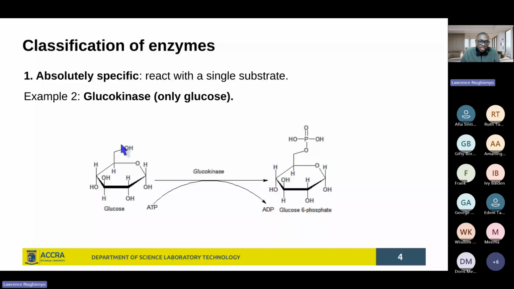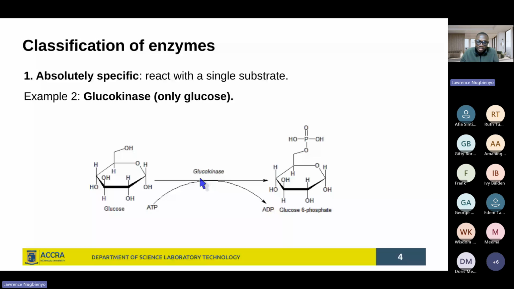So here you see this is a glucose molecule, and that is being phosphorylated to give you glucose 6-phosphate. And the enzyme that is acting in that process is glucokinase.